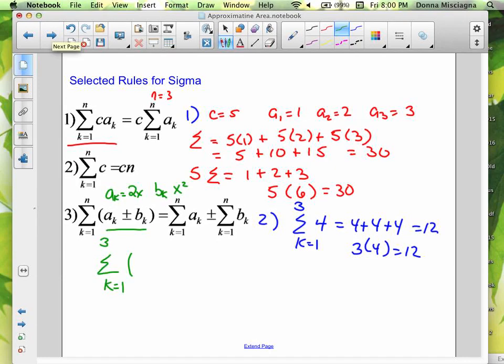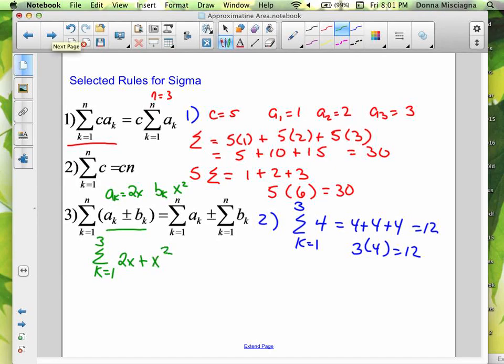So I'd have 2 times 1, and it'll be plus, right? So my rule is going to be, I probably should write my rule out. I didn't give you a plus or minus. So my whole rule here will be 2x plus x squared.